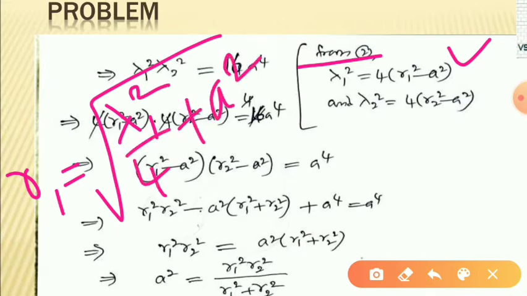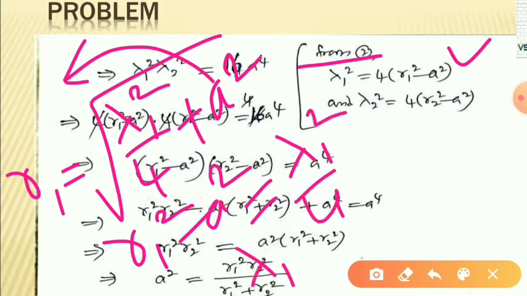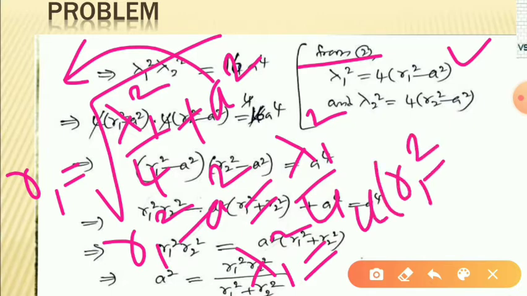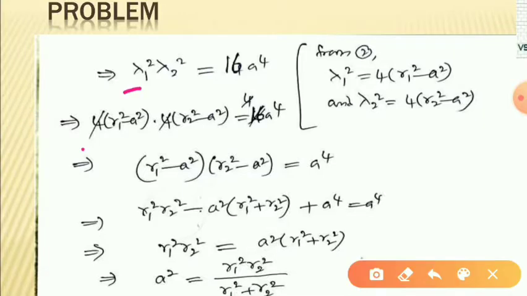On squaring both sides and shifting a² to this side, you will get r1² − a² = λ1²/4. Therefore λ1² = 4(r1² − a²).